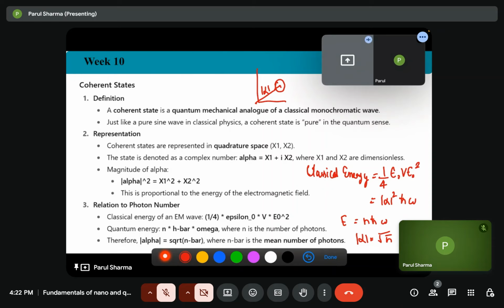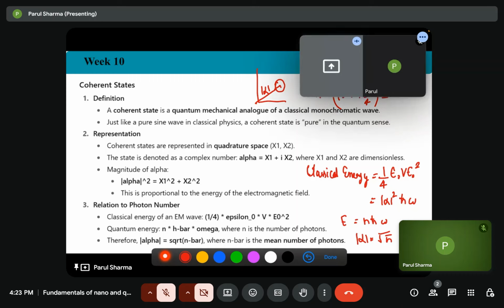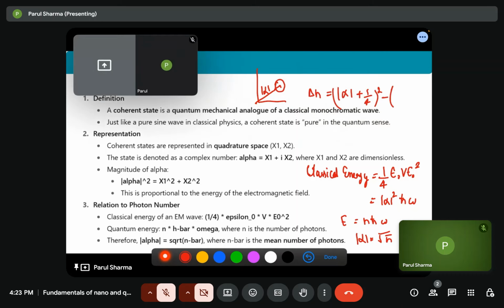The difference in delta n is alpha plus 1 by 4, square, minus. This difference in the phasor length represents the uncertainty.